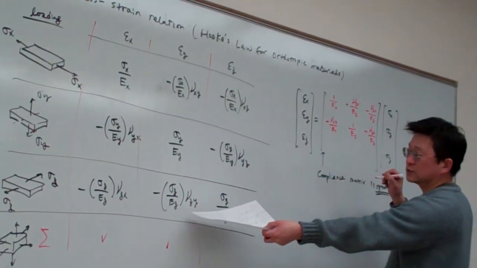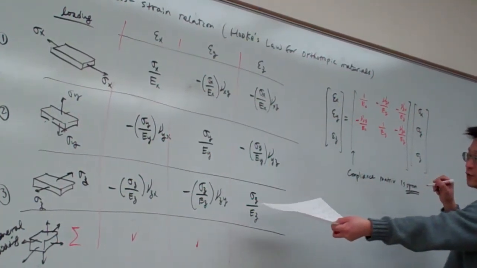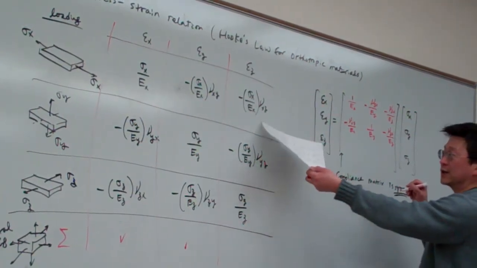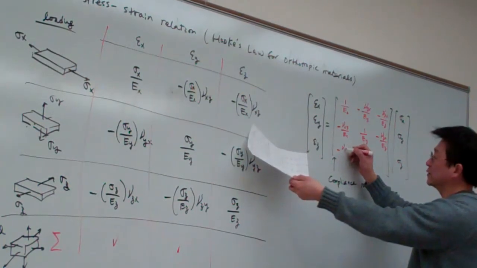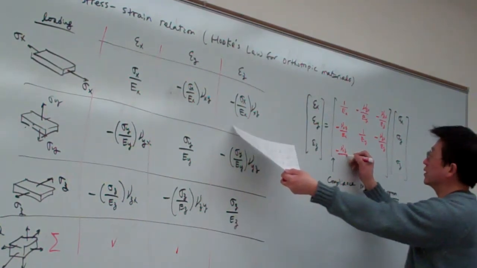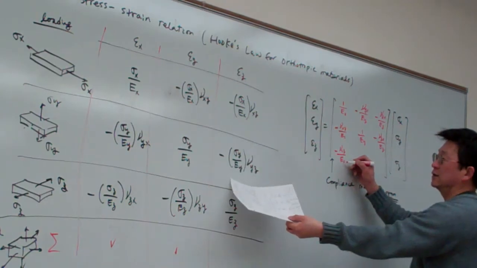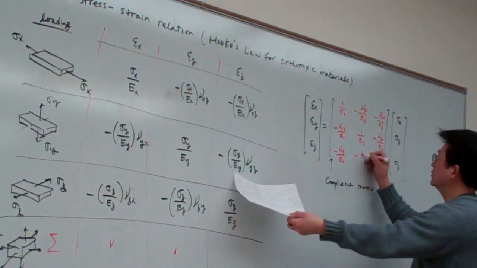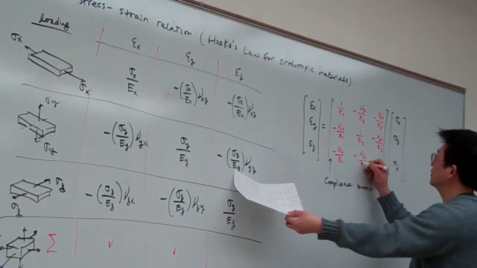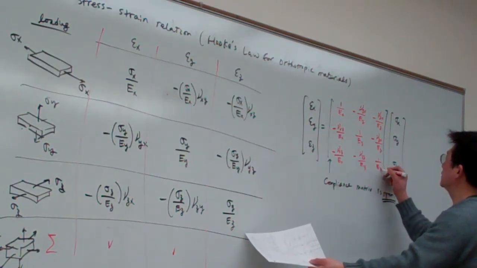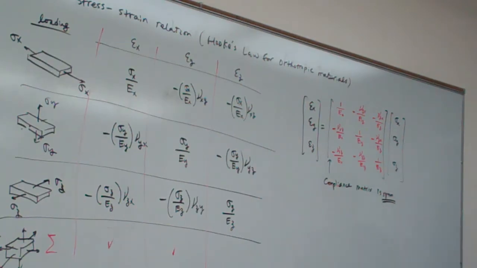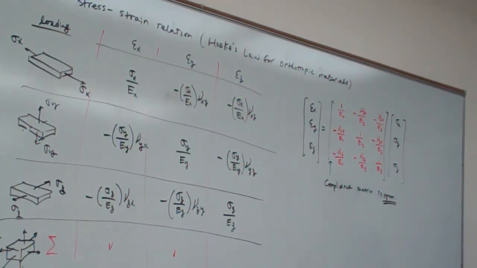And when you are taking notes, don't make any mistake, okay? Because that has a big influence. So this one is Ex, and this one is minus mu yz over Ey, and Ez.